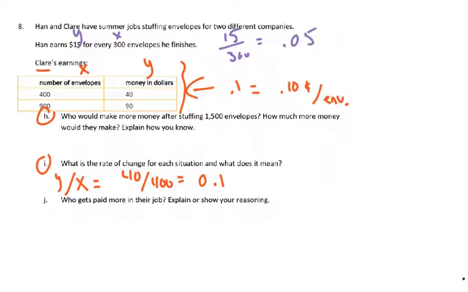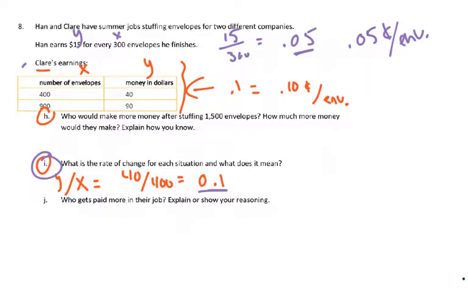So this is 5 cents. This is 10 cents. So right off the bat, I'm going, I want Claire's gig. She's making more money. So that means the rate of change for Han's situation is, sorry, I said that terribly, 5 cents per envelope, okay? So that's to answer I.